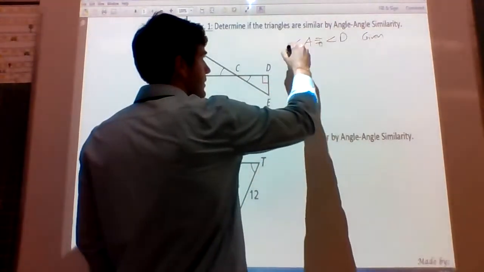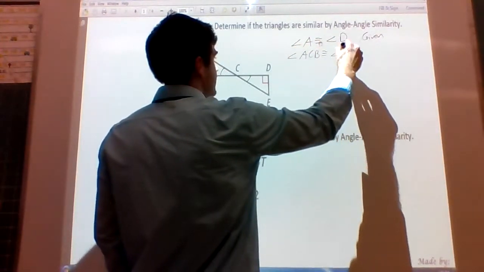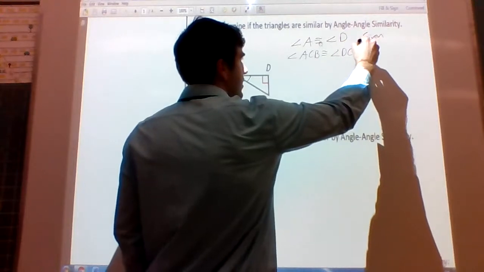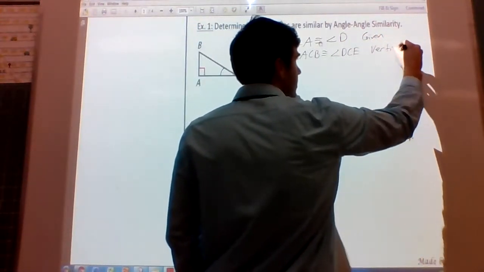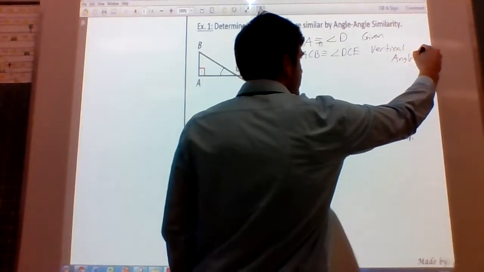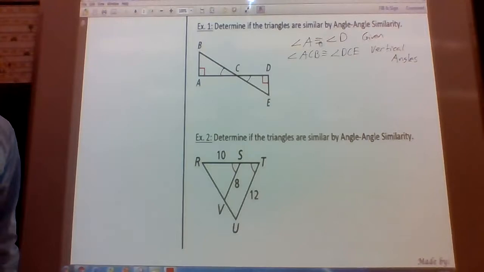So angle ACB is congruent to angle DCE, and that's because they are vertical angles. We now have two pairs of angles that are congruent.